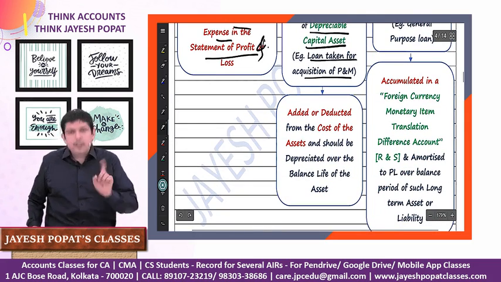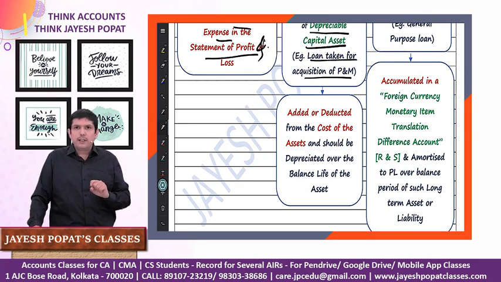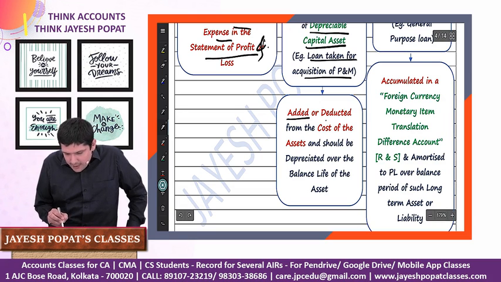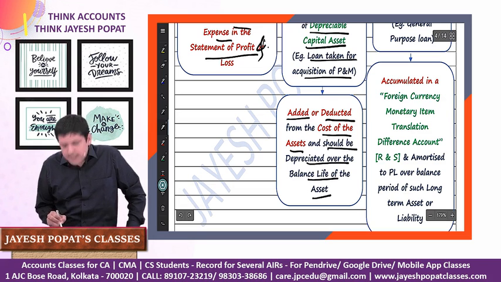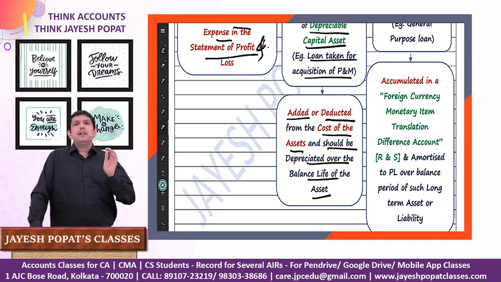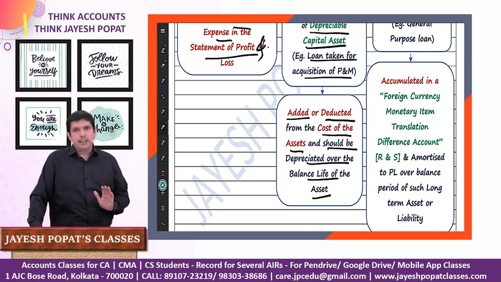The normal treatment of exchange difference is that you will either debit it or credit it to the statement of profit and loss, but in this case, the exchange difference is added or deducted from the cost of the asset and should be depreciated over the balance life of the asset. So whatever is the exchange difference in the normal route, if it's a loss, you will say profit and loss account debit to that particular liability.